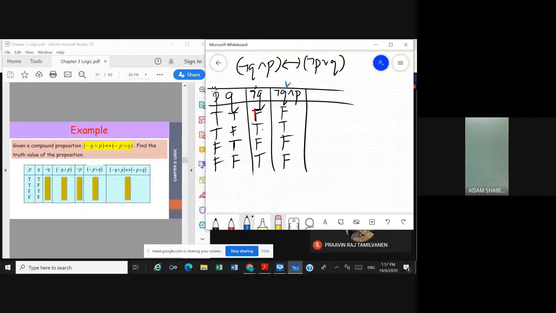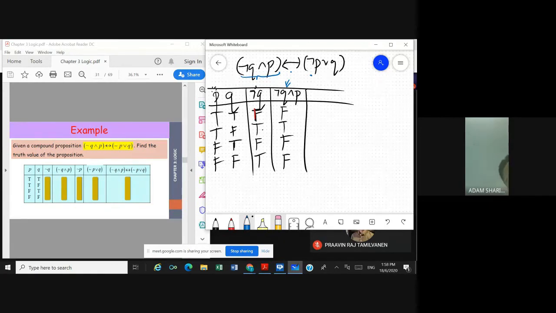It means that the first bracket has been done. Then, when you look to your right, it is if and only if, biconditional. We should skip this one first because that is the last priority. So we proceed to this bracket. Again, you have not and you have or.